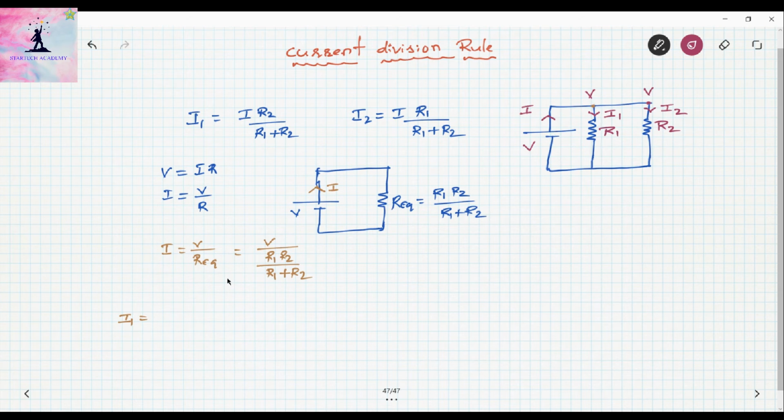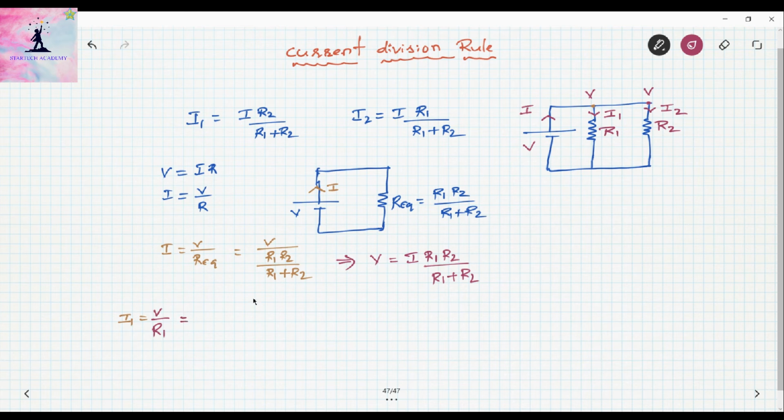By Ohm's law, it is V by R1. So now what is V from this equation? That implies V is equal to I into R1 R2 by R1 plus R2.